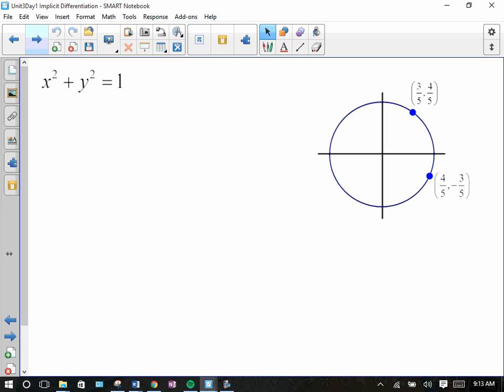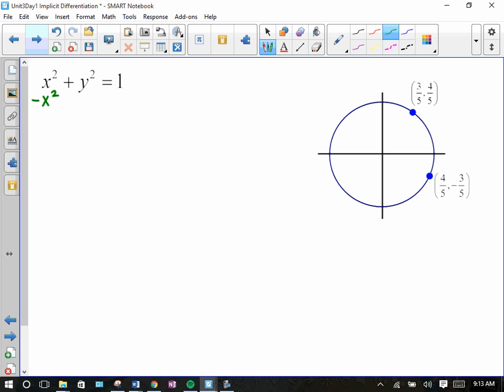Okay. So how might you think we could go about finding the derivative of this? Could we get y by itself in this case? So how could we get y by itself here?